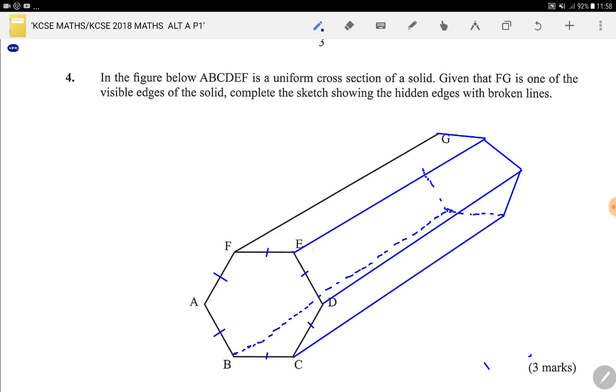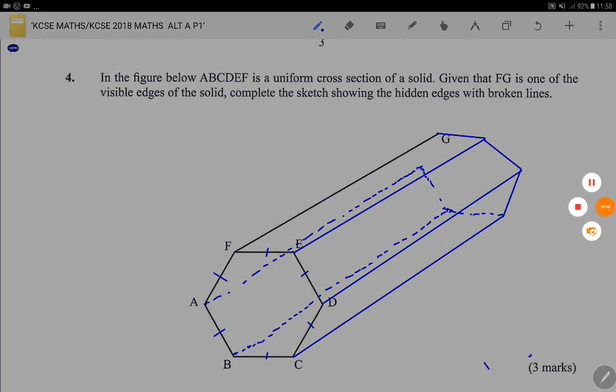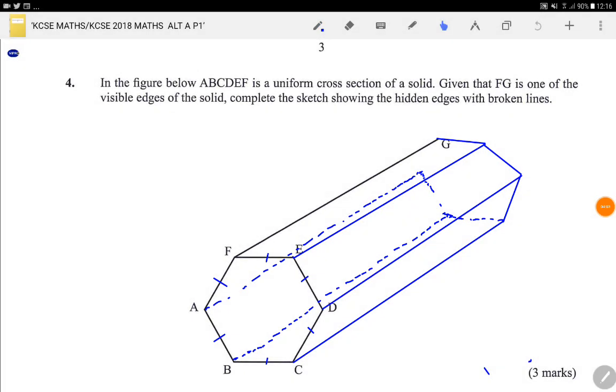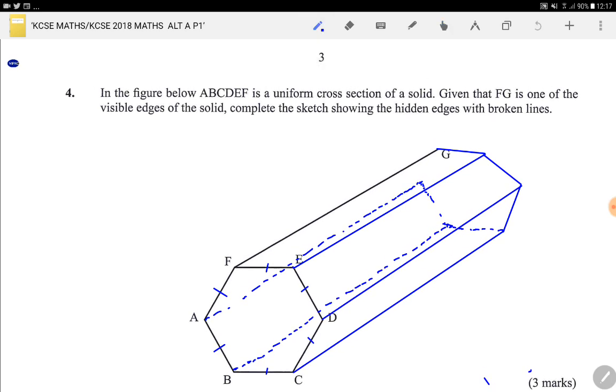So that is parallel to AB. Then we connect A to the line. Finally, we draw another parallel line to line AF, which we sketch also like this, using dotted lines because they are hidden.